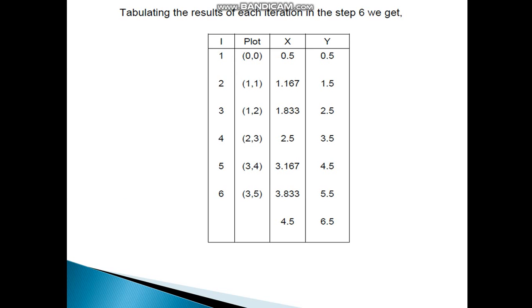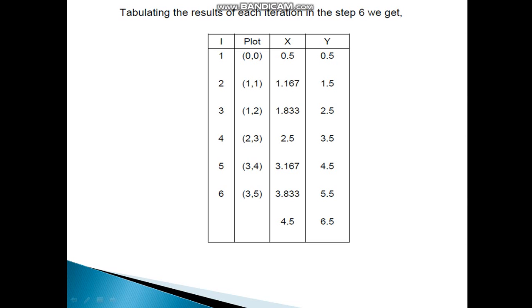Here is the tabulated result of each iteration in step 6. We get x is equal to 0.5, y is equal to 0.5, plot is 0 0, then 1 1, that is the rounded figure.